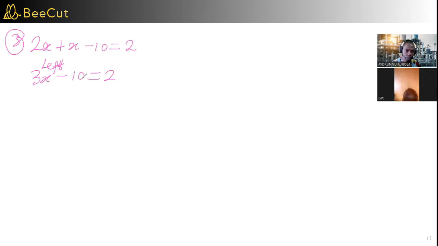So this negative 10 is going to cross to the other side so that only 3x remains here. As it is crossing, it becomes positive when it crosses the equation side. If it was positive, it will change to negative. But because it is negative, it will change to positive. Very good.